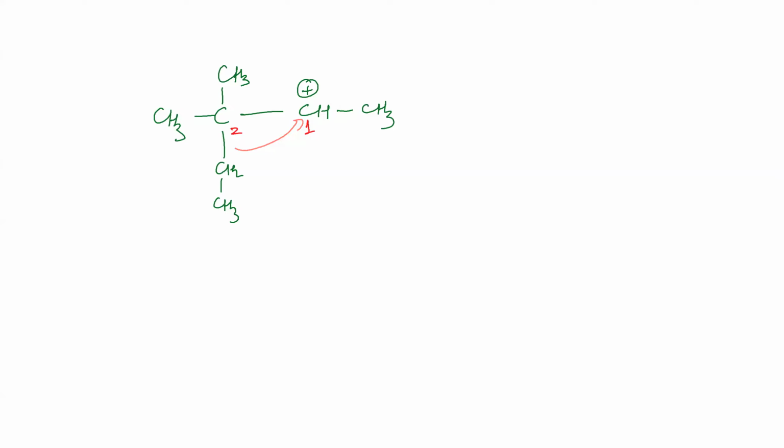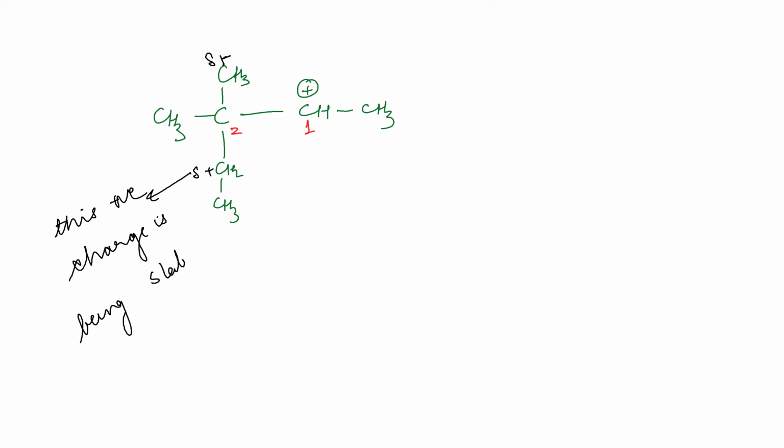So out of methyl and ethyl, because we have a positive charge here and a positive charge here, this positive charge is being, I would say stabilized is the correct word as per chemistry, but this positive charge is being neutralized by the methyl group. It's supported by the methyl group.